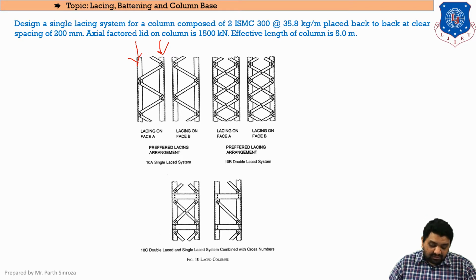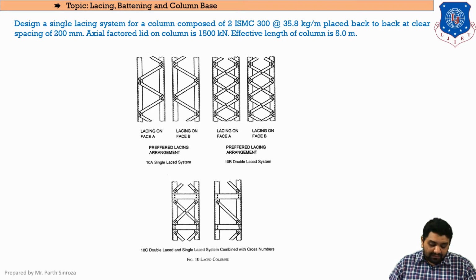To connect these two channel sections, we have to provide a rectangular plate in a zigzag manner, and this is called lacing. Just as we tie up our shoes with laces, here rectangular plates are laced together to tie the column section so that it resists and transfers the load equally.